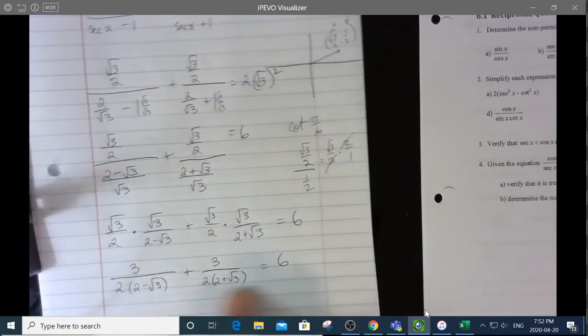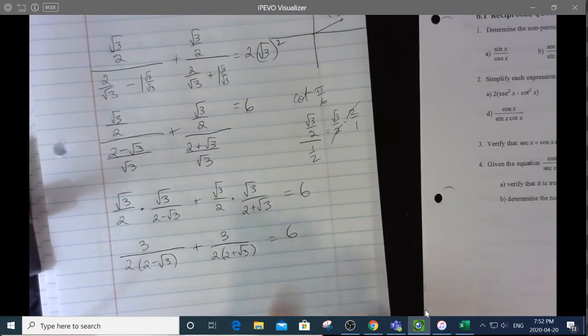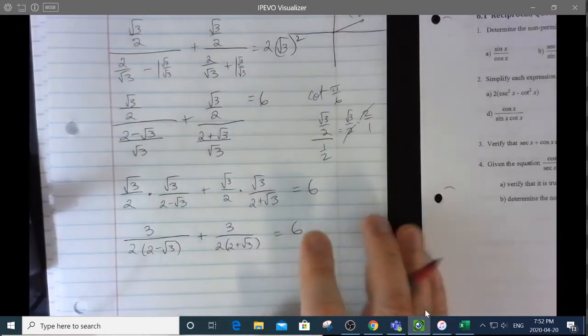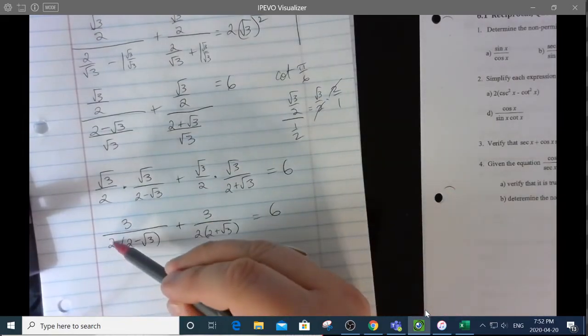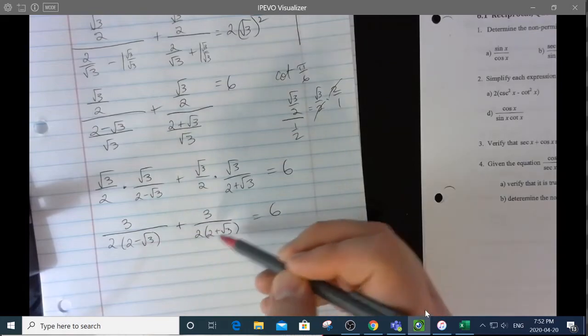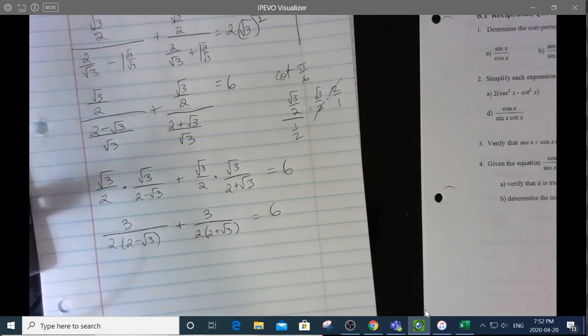Okay, what is the common denominator here of this mess? Again, I've got to make this all one number, and that one number had better be 6. Well, let's see. What is this going to be? I am going to say that the lowest common denominator is 2 times 2 minus root 3 times 2 plus root 3. So this side has to be multiplied top and bottom by 2 plus root 3.